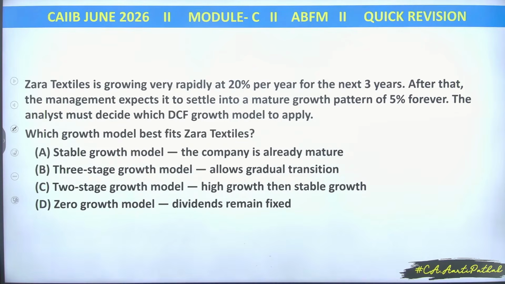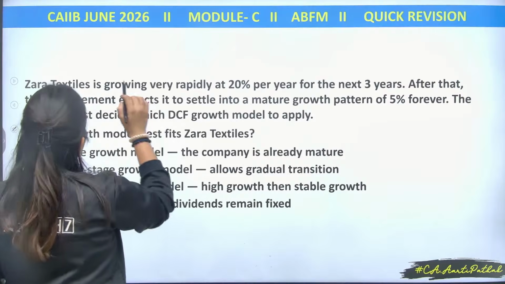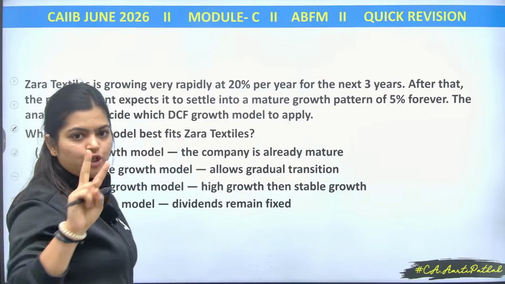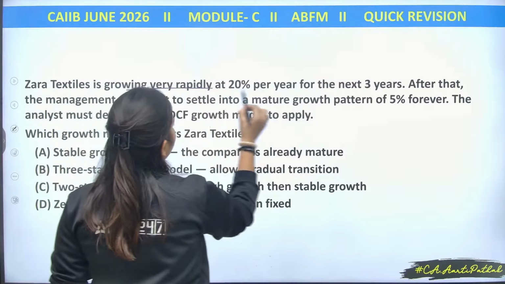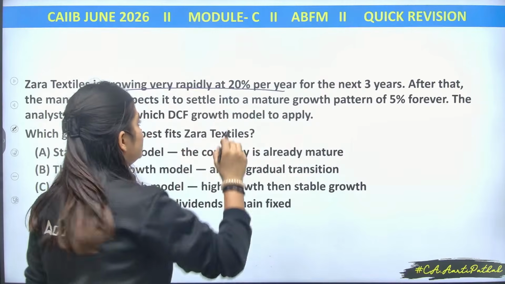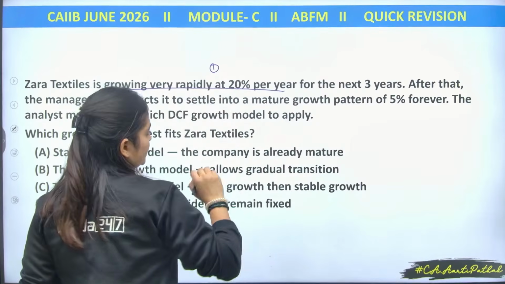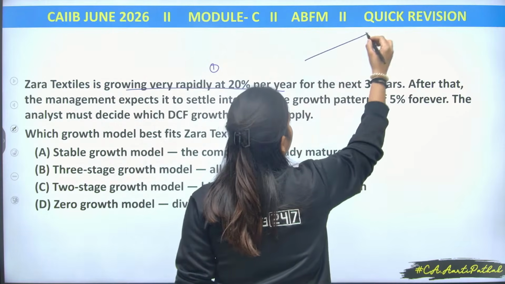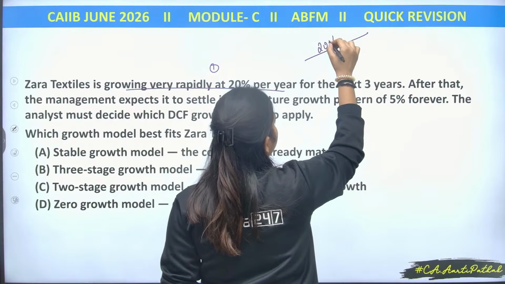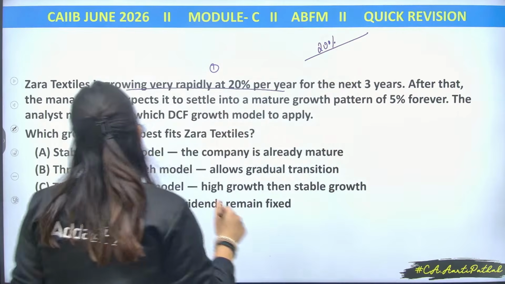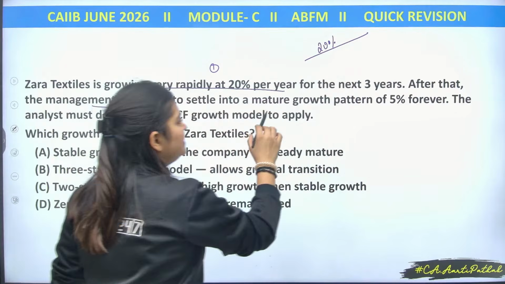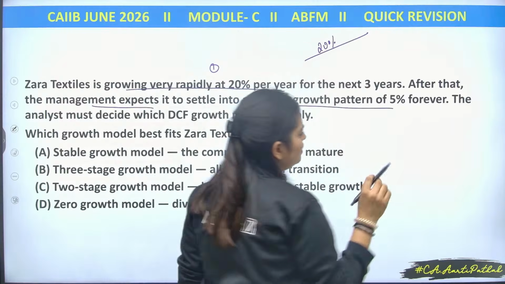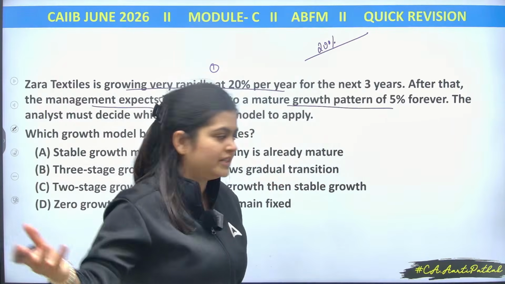Very good. So now, as you can see here, they are talking about two different growths. First, when they have very rapid growth, that is 20%. For the first 3 years, they will see 20% growth, isn't it? And after that, management says that it will settle and they will be having that normal growth that everyone is getting.